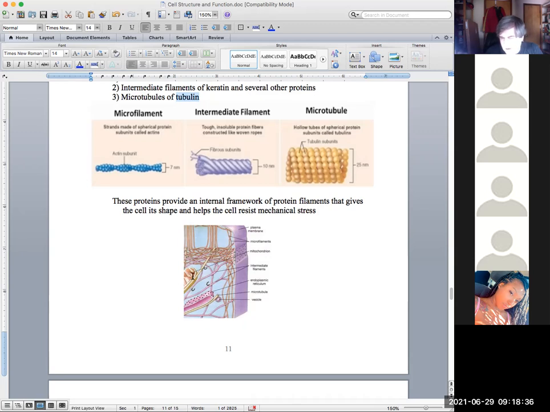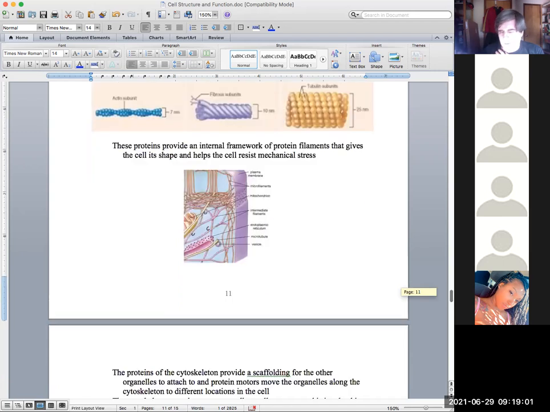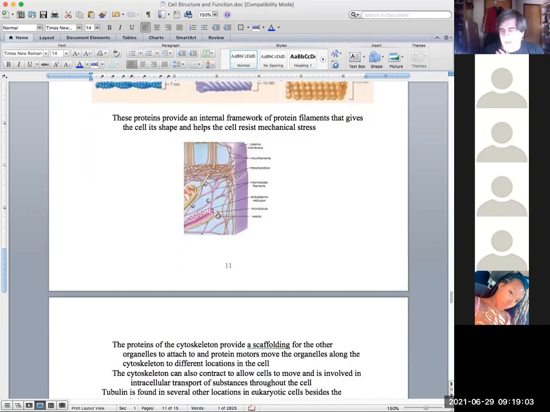Up here, we have a little part of a mitochondrion, and the mitochondrion is anchored to this section of the cytoskeleton. So when we look at the little organelles in the cell, they're not really just floating around haphazardly. Really, what we find is that they're anchored to different parts of the cytoskeleton. So we want to keep that in mind.